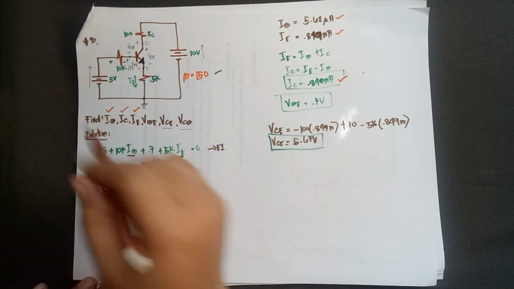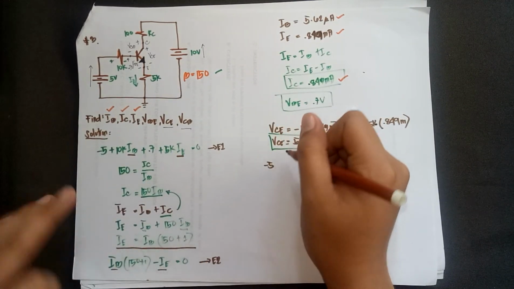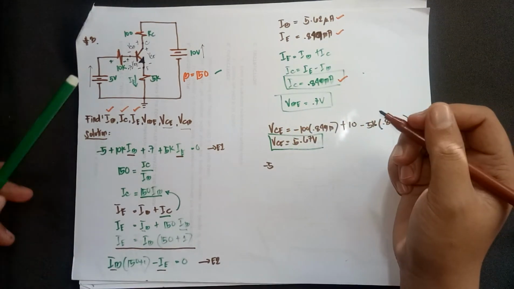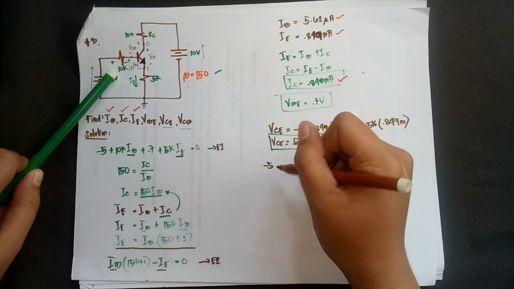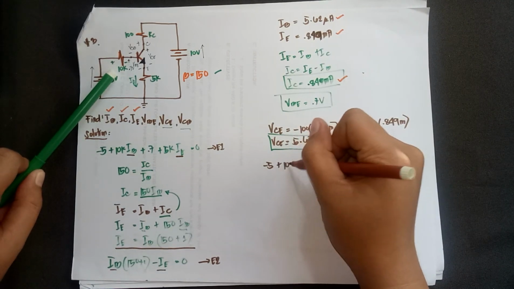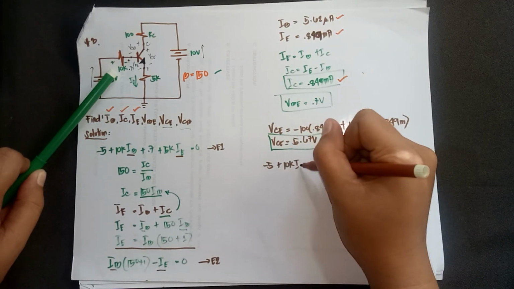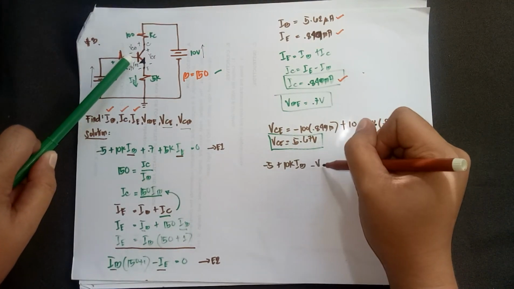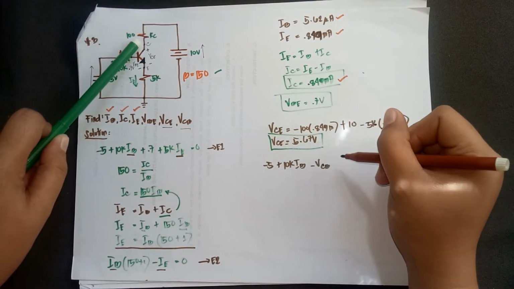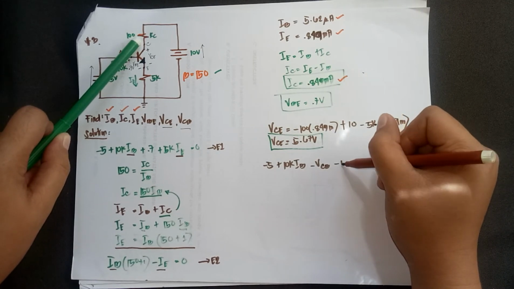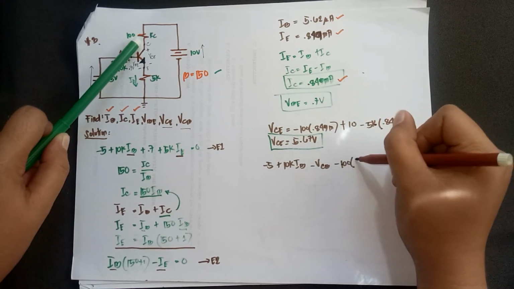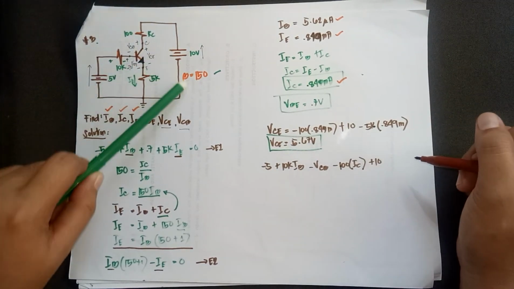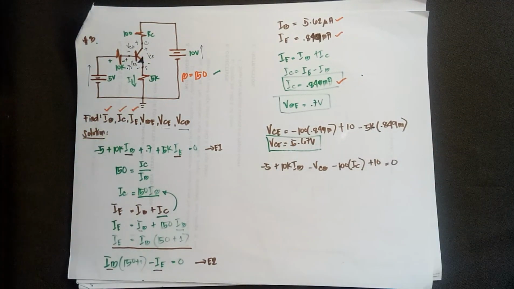Dito na lang. Okay, so I'm gonna have negative 5 plus 10k IB. Lagay ko lang yung IB para hindi masyadong mahaba. Minus VCB minus RC is 100 times IC plus 10, of course, is equal to 0.